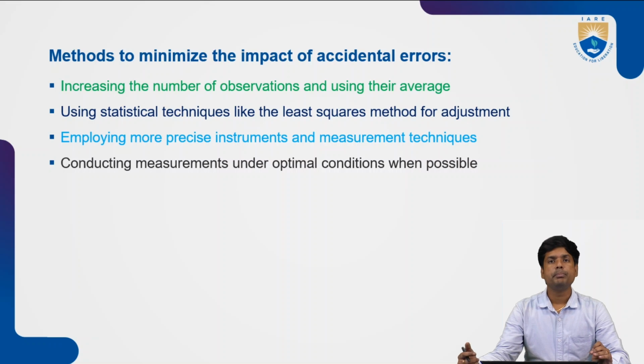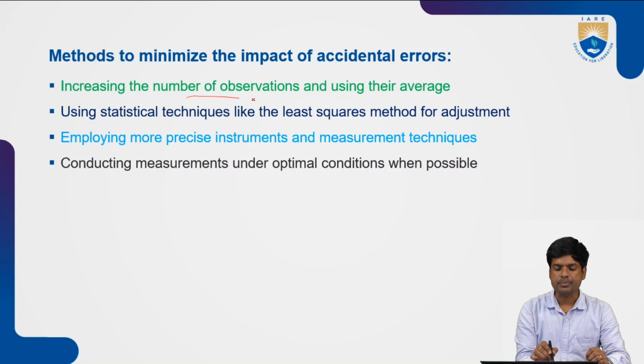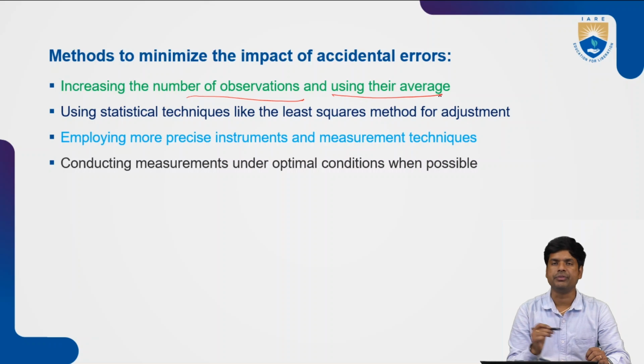And next one, methods to minimize the impact of accidental errors. If you want to reduce accidental errors, increase the number of observations and use their average.